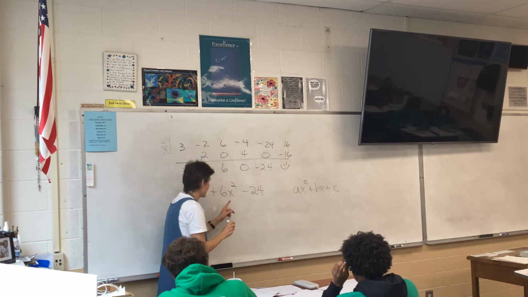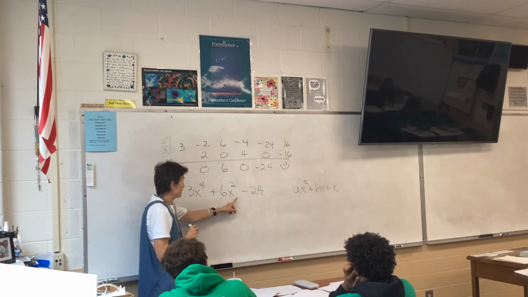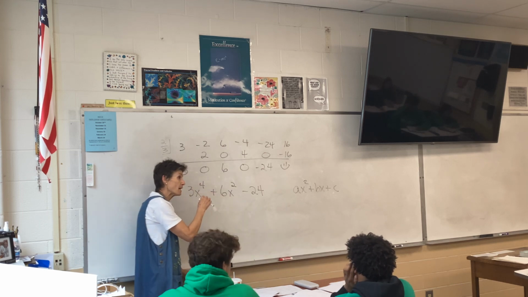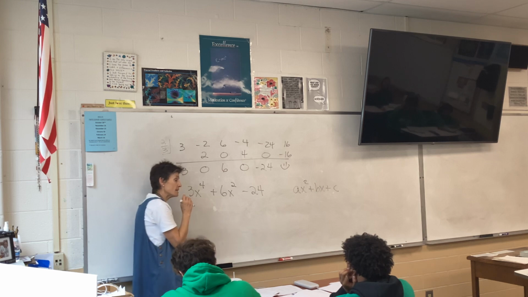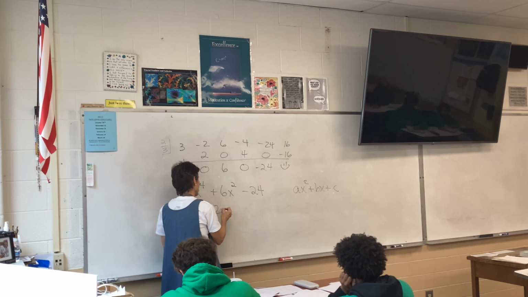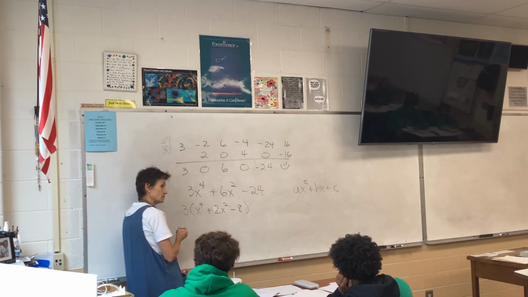So the middle power is half of the first power, and the last term is just a constant. So this can be treated like a quadratic. If you choose to factor it, now I don't know that it factors. I'm going to take a look at it and see. Oh, I think it does factor.